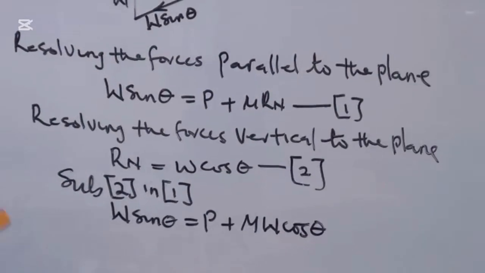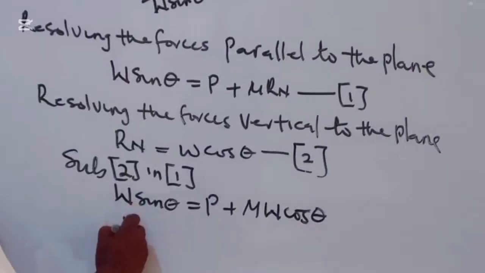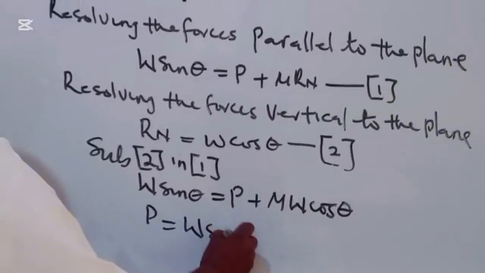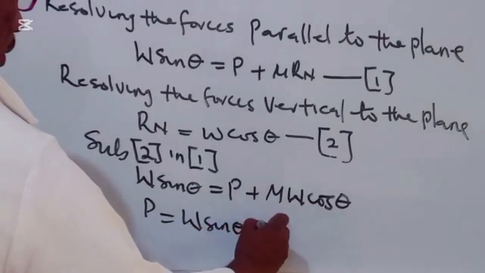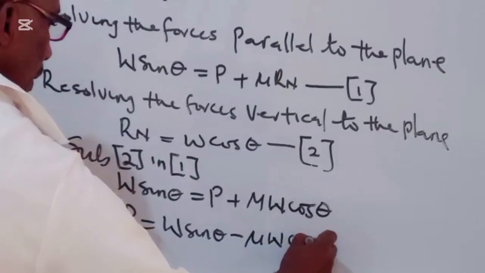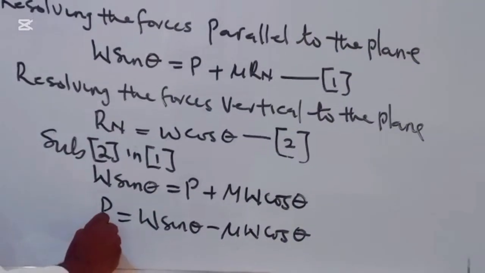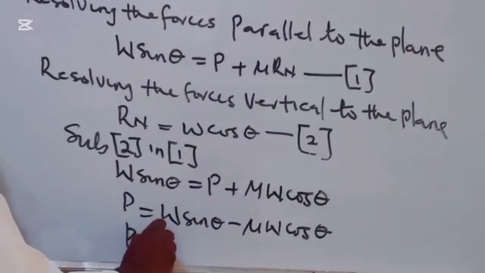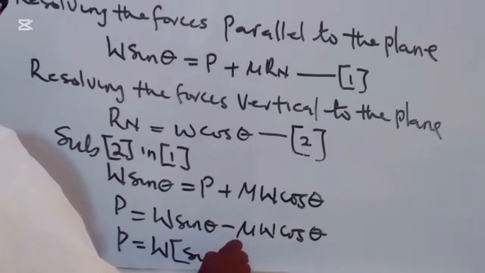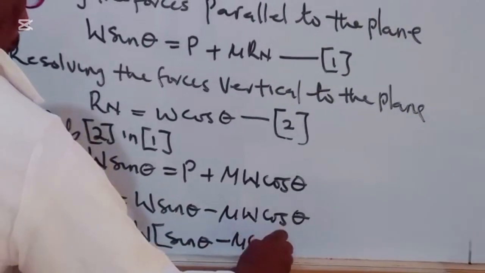So I'm going to make P the subject of this formula. P is equal to W sine theta minus mu W cos theta. W is common, so I will factorize W. P is equal to W open bracket sine theta minus mu cos theta.